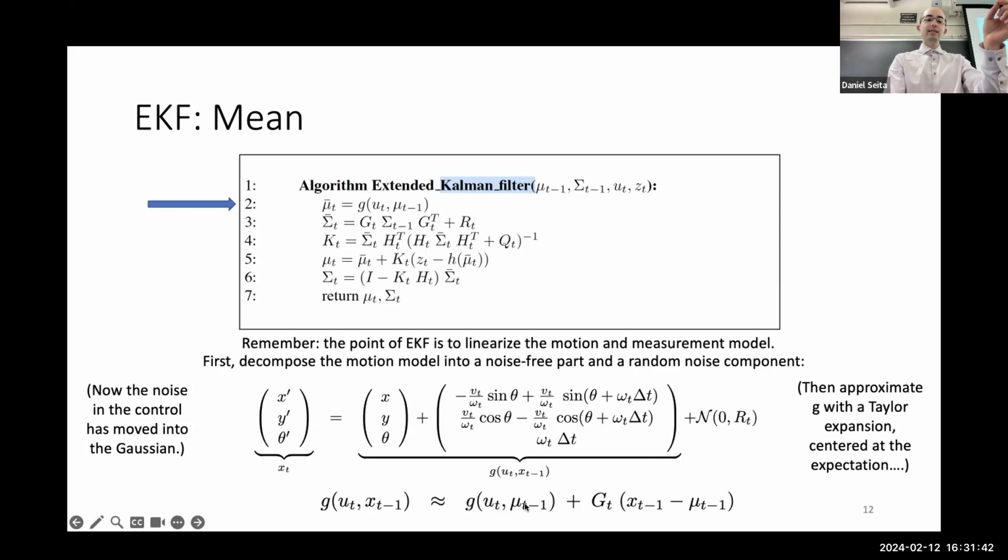We linearize it by considering its value centered at mu t-1, so really the linearization is about mu t-1. The u_t is just an extra input because you need it to define the function correctly. And then G_t is the Jacobian. The rest of this is just writing out what a Taylor expansion means.